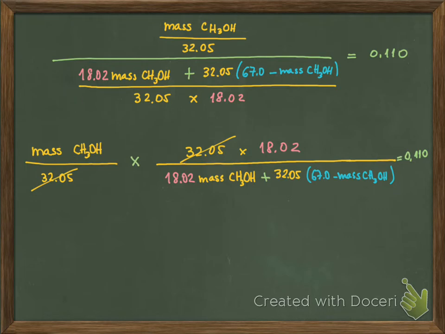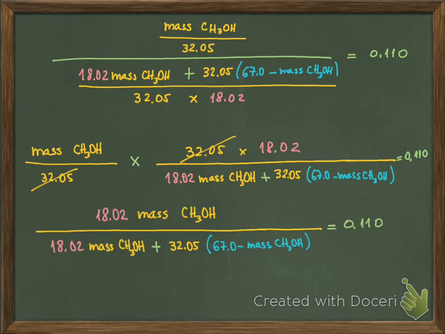And so what we end up with in the numerator is the leftover 18.02 in pink multiplying the mass of methanol in yellow. And in the denominator, we have what has been left over. It's still a long equation, but it is a more manageable equation than what we had before.